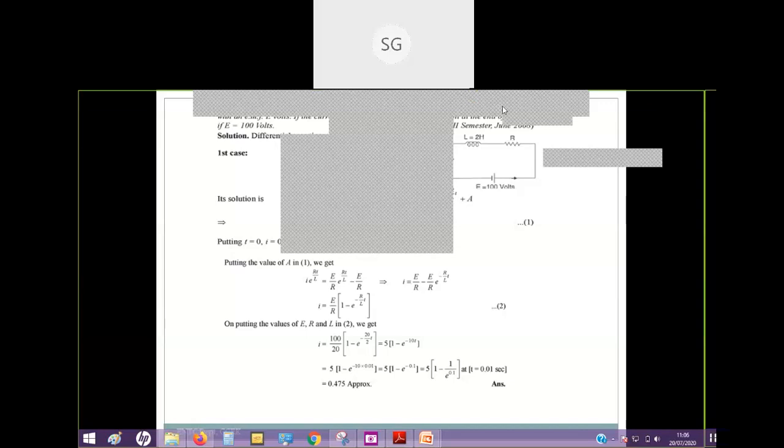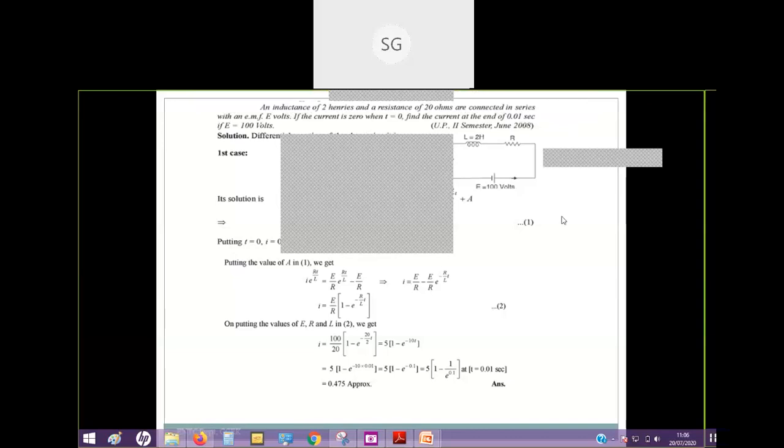In the second lecture, I discussed with you that one condition is always given, that is the initial condition. Somehow they are giving it. The statements might be different, but the initial condition is always given. So if current is 0 when t is equal to 0, this is the initial condition.